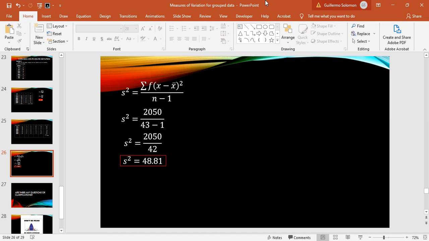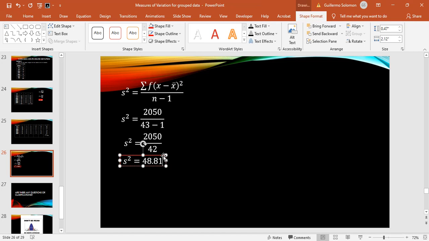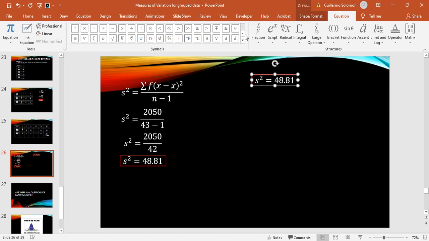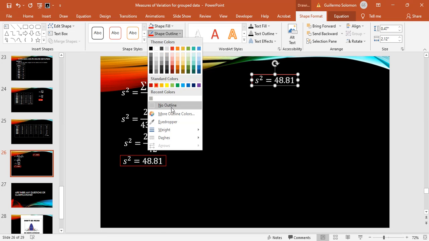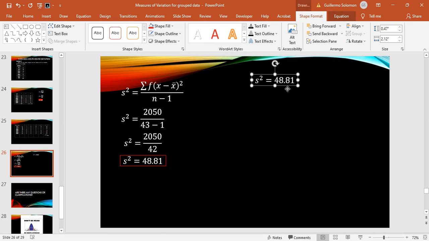Ngayon, hindi pa natatapos dyan. Sabi, pinapakompute din si standard deviation. Ngayon, pag compute natin si standard deviation, kukunin lang natin yung square root ni variance. Okay? So, ganito lang siya kadali. So, S is equal to square root of 48.81.